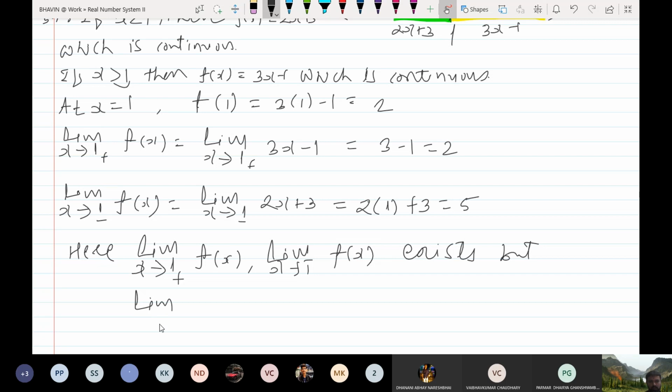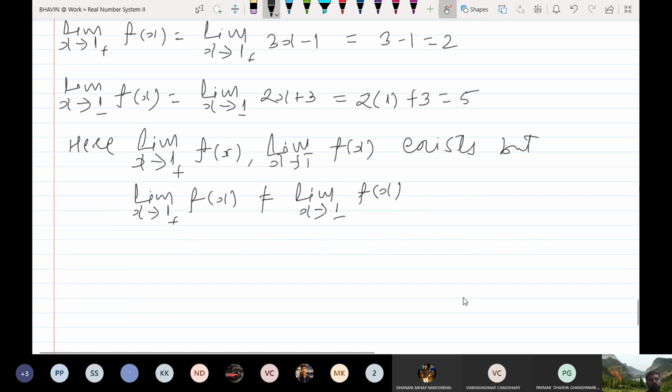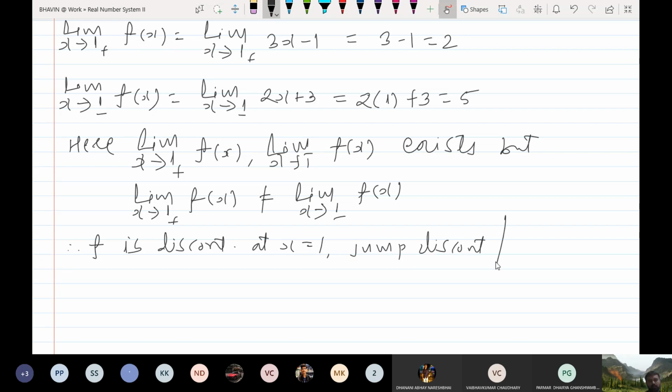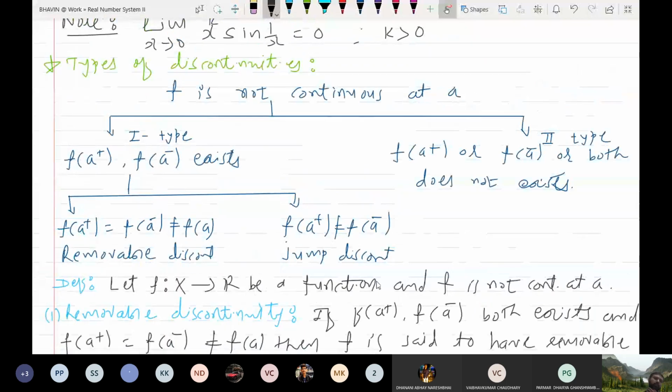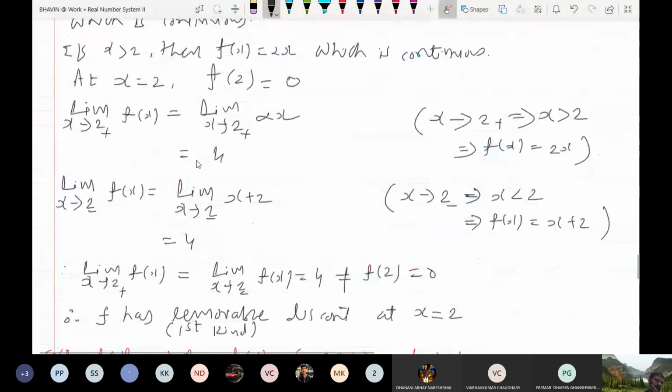But limit x tends to 1 plus f(x) not equal to limit x tends to 1 minus f(x). तो ये दोनों सेम नहीं है, दोनों एग्जिस्ट कर रहे हैं। f is discontinuous. ये कैसी डिसकंटिन्यूटी है? जंप डिसकंटिन्यूटी। देखिए दोनों एग्जिस्ट कर रहे हैं लेकिन दोनों सेम नहीं है। f(a+) not equal to f(a-), that is jump discontinuity, type 1 और फर्स्ट काइंड। ठीक है.